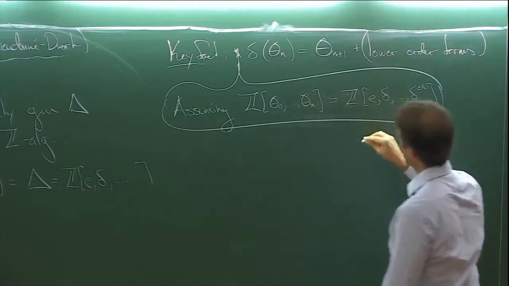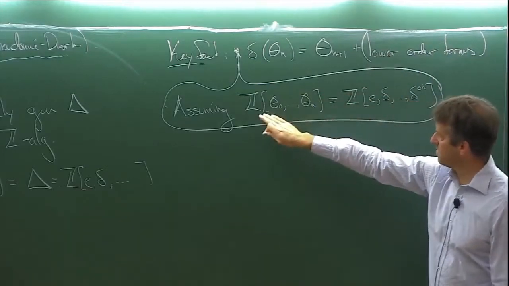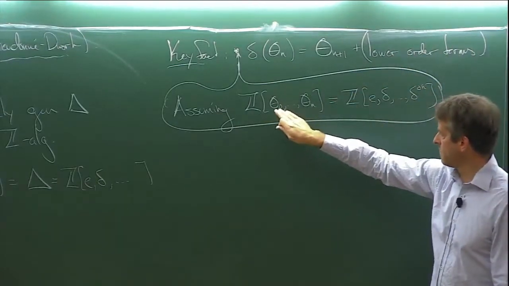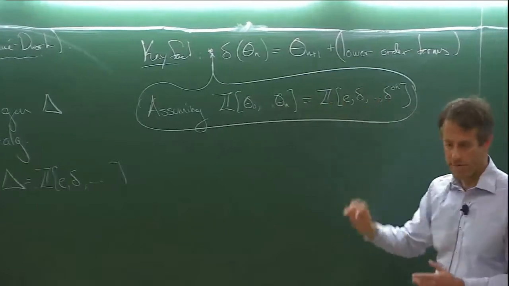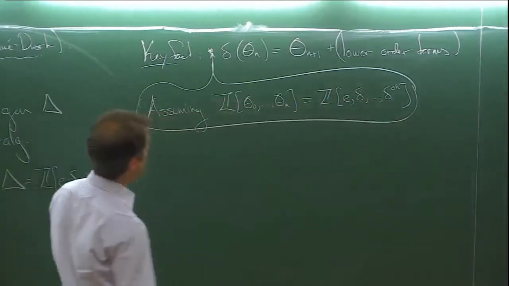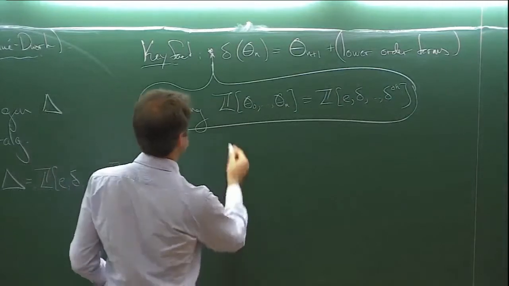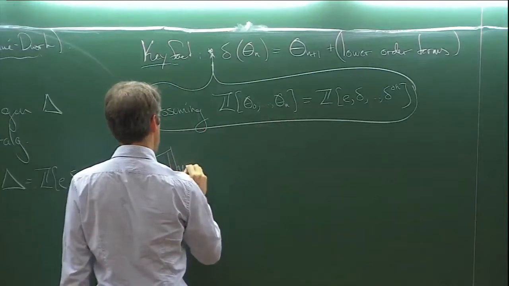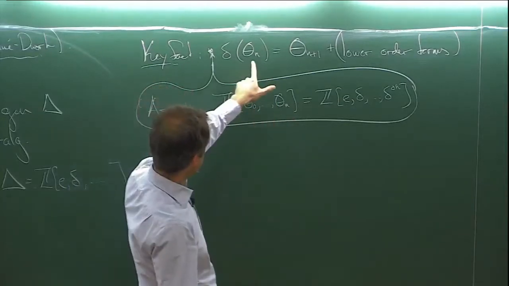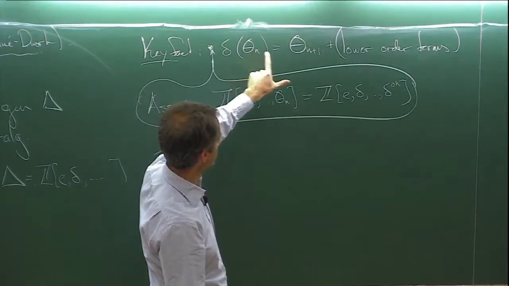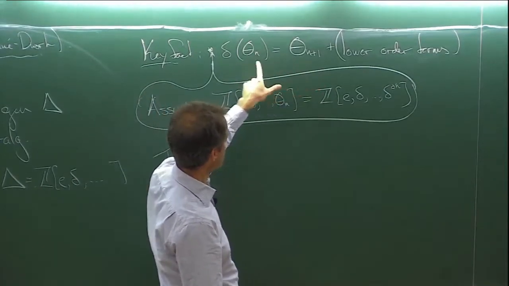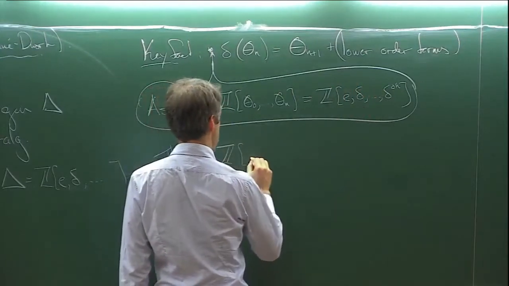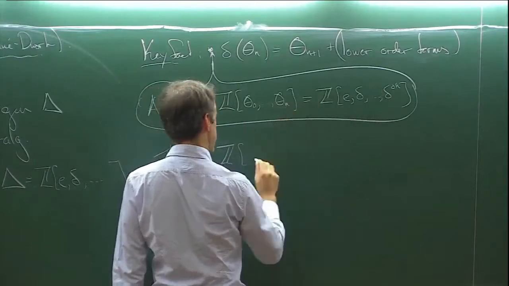Those are integral lower order terms, and because we're assuming this, there's no ambiguity about what we mean by lower order terms. Then you can run an induction. Imagine you break theta n itself into delta of theta n minus 1 plus lower order terms and so on. Then you can extend this result to n plus 1.